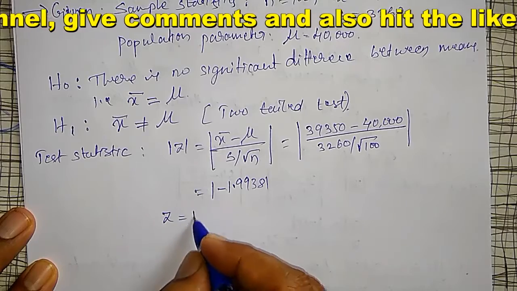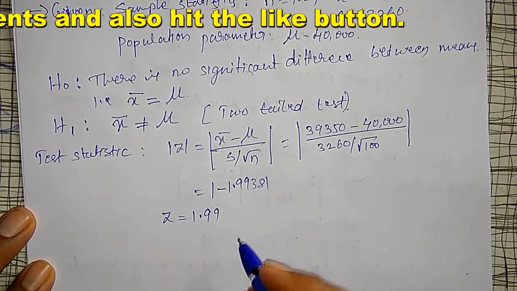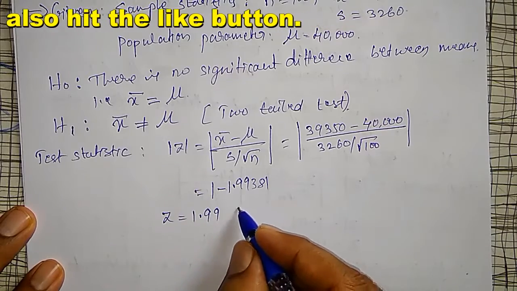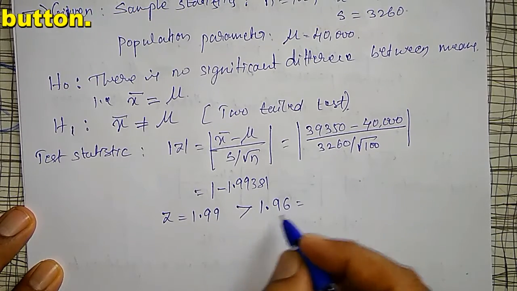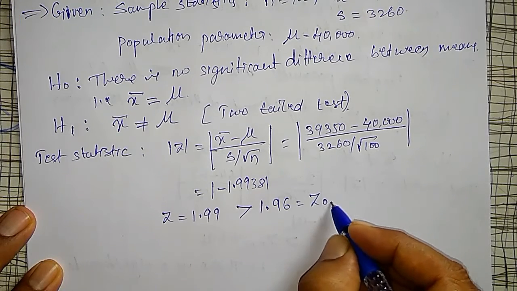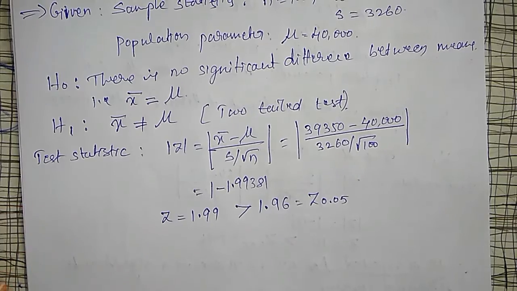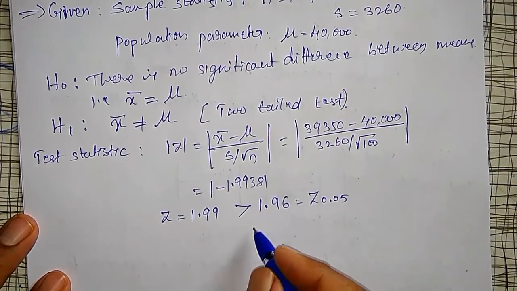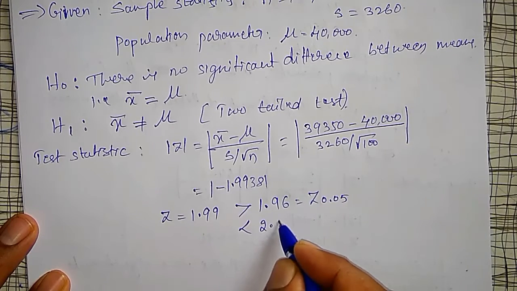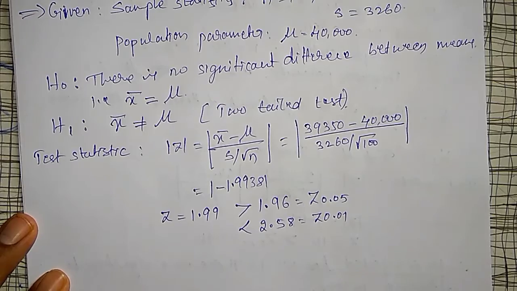Therefore, z is equal to 1.99, which is slightly greater than 1.96. What is that 1.96? 1.96 is the critical value for 5% level, and this 1.99 is less than 2.58, the critical value for 0.01.